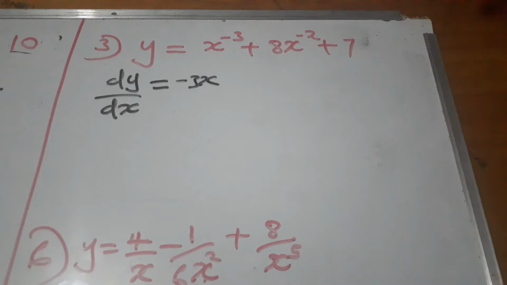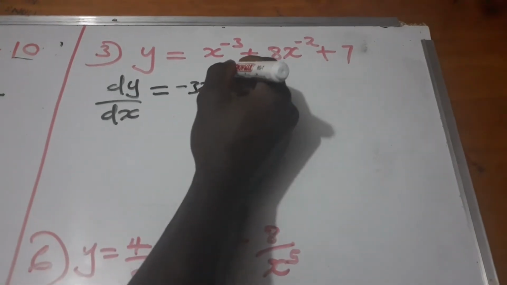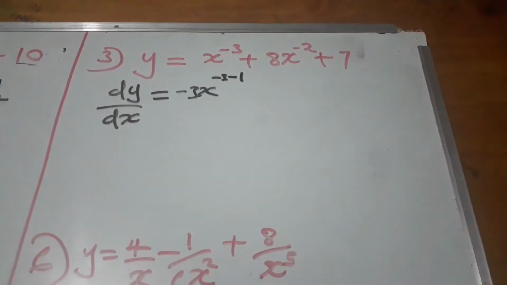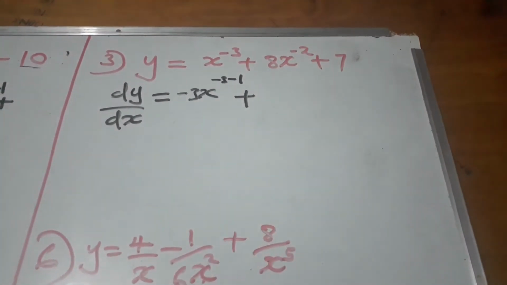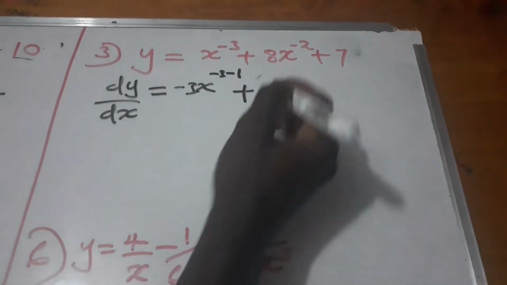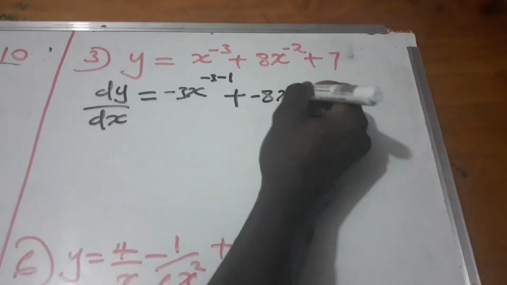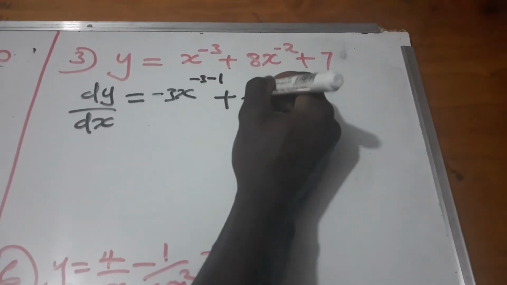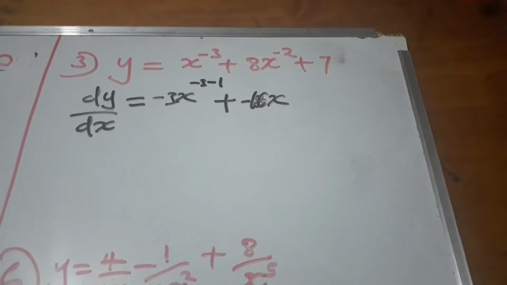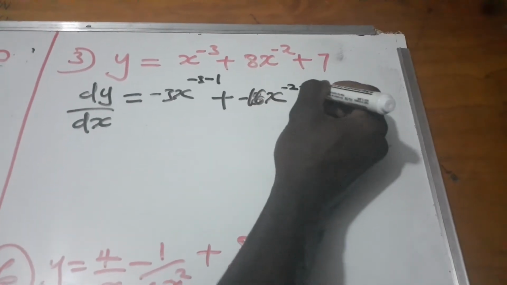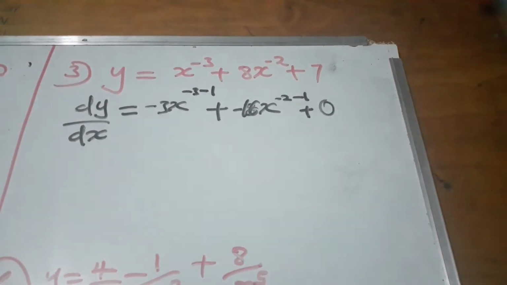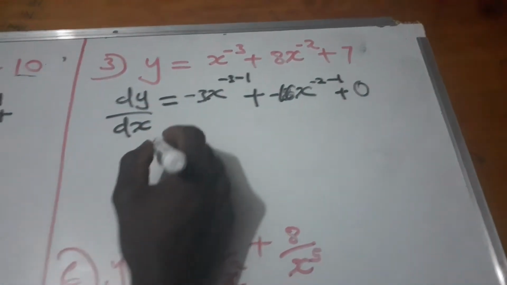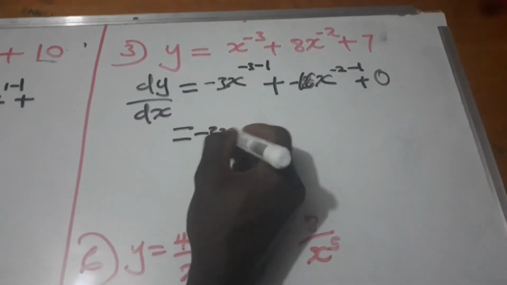And then remember, the power is negative. So it will be negative 3 minus 1, plus 8 multiplied by negative 2. It will give us negative 16x, and then negative 2 minus 1, plus, this one will disappear, plus 0. So it will disappear like that. So coming here, it will be negative 3x.